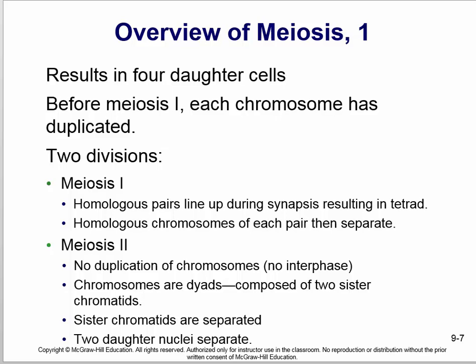Meiosis 1 is very similar to mitosis. In meiosis 1, each chromosome has already duplicated, and there are two divisions, meiosis 1 and meiosis 2. Please pause now to review meiosis 1 and meiosis 2 in your book.